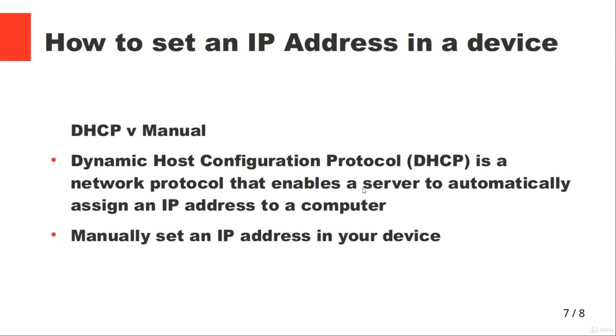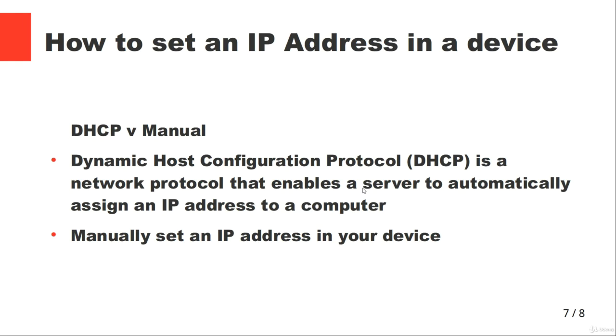How to set an IP address in a device? There are two ways. There's DHCP, Dynamic Host Configuration Protocol. It is a protocol that enables a server to automatically assign an IP address to a computer, or you can set it manually, so you type into the computer what address it's supposed to have.